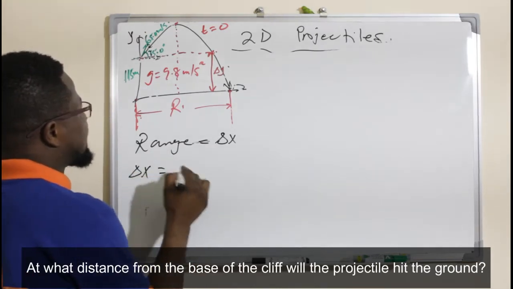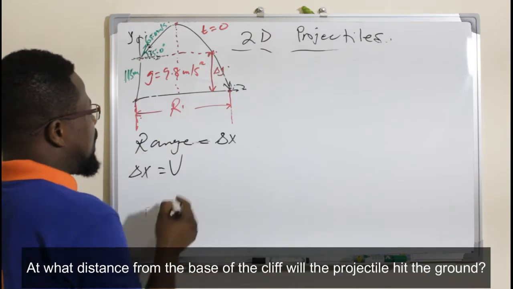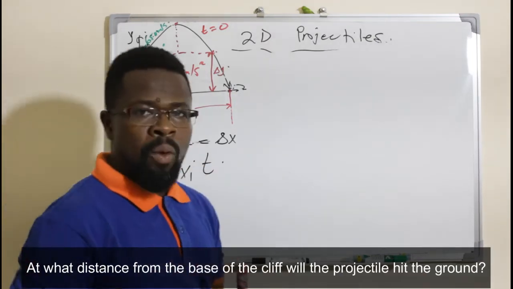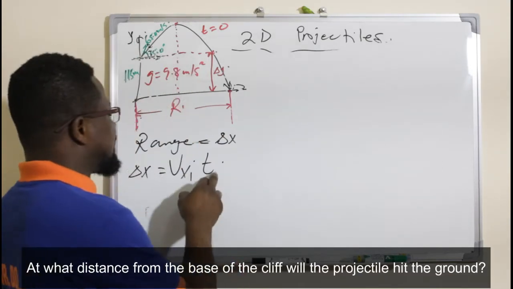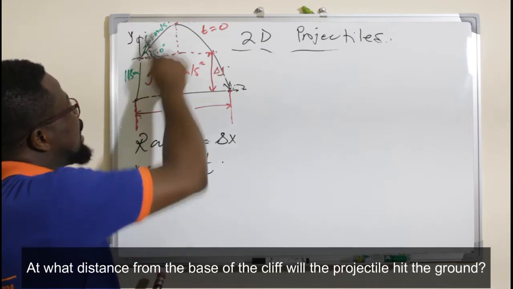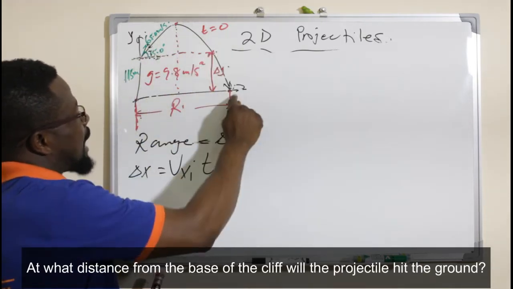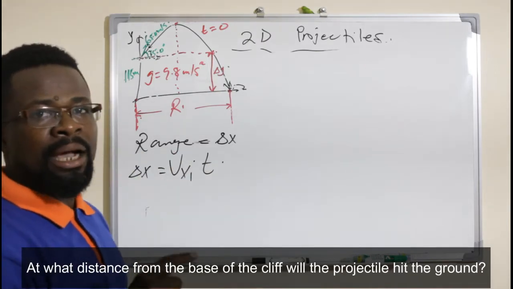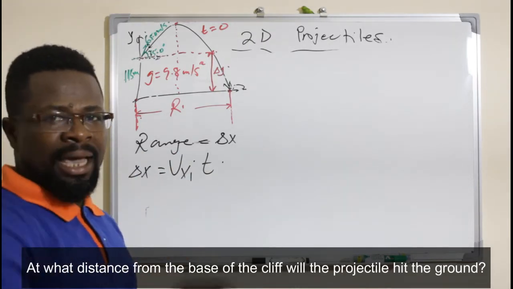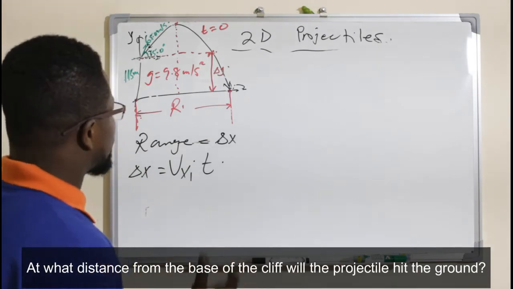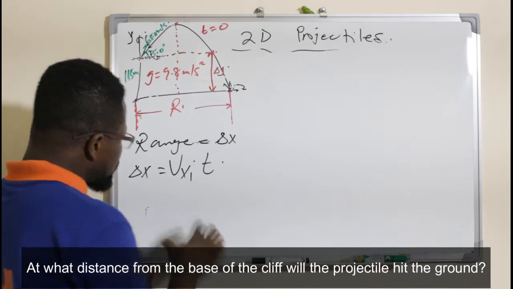And now let's see what the change in x is going to be. The change in x is just going to be vxi multiplied by t. What is this t? The t is the total time, because it started from here and now it is here, so the total time is what we are making use of. And that is what we have already calculated and got 9.96, right? Okay, that's what we got as our value.